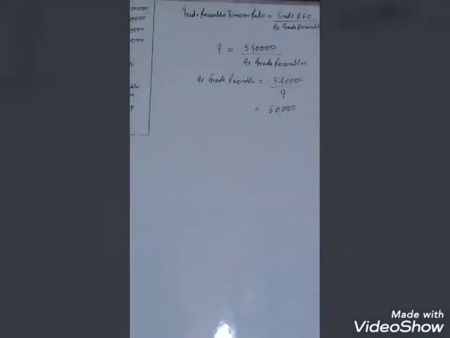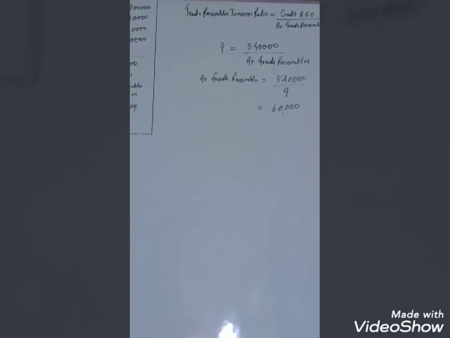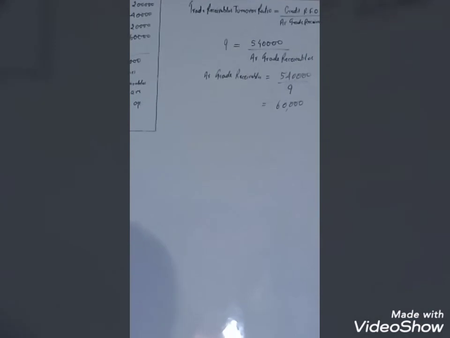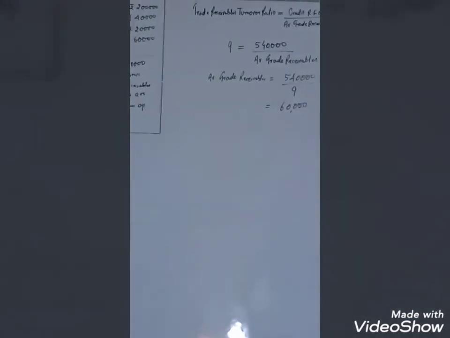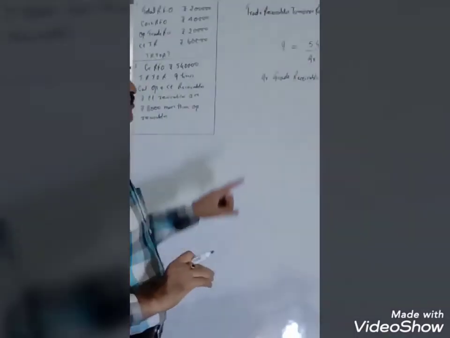Now we have calculated average trade receivables as rupees 60,000. Now we have to calculate opening and closing receivables. For that, we take the average trade receivables into consideration.